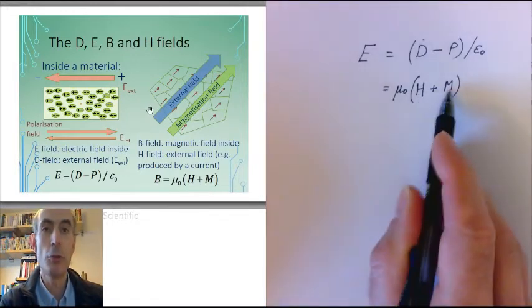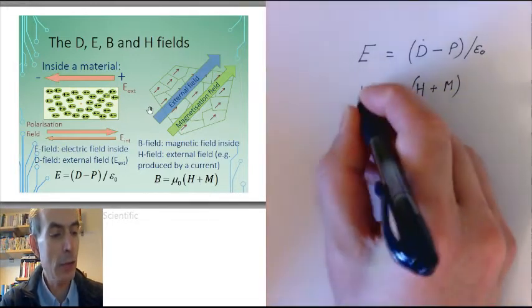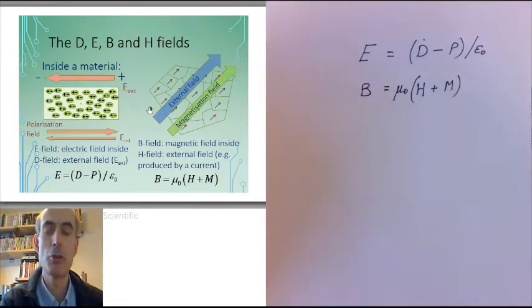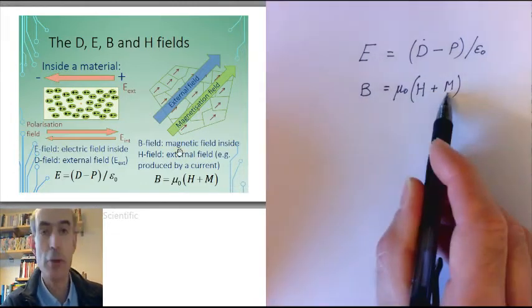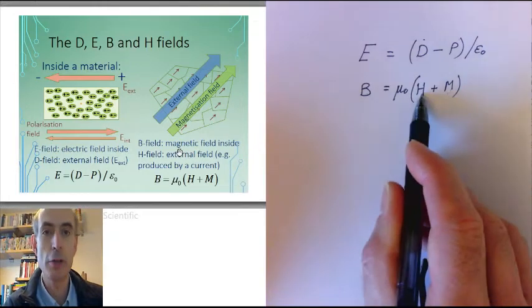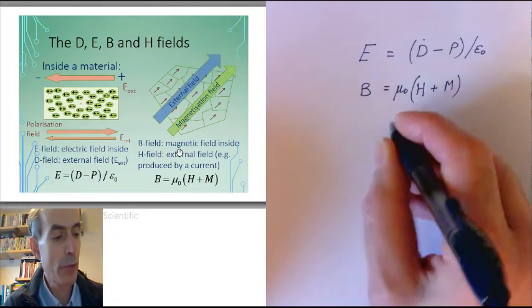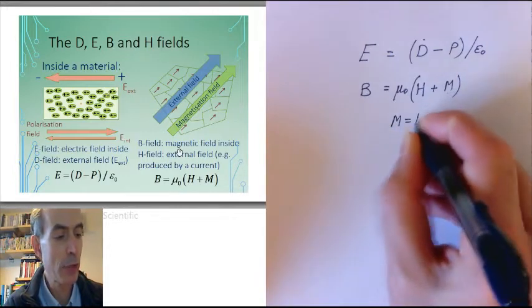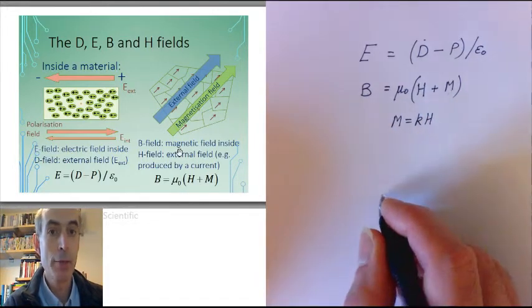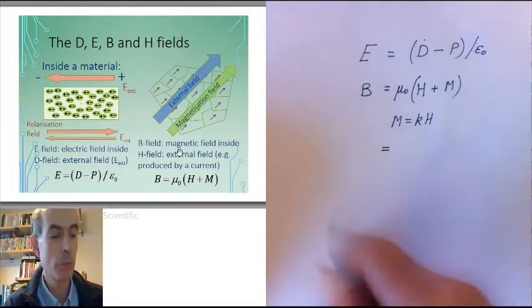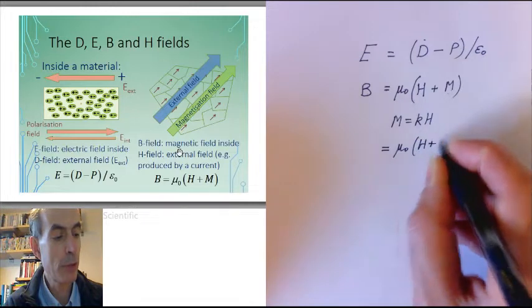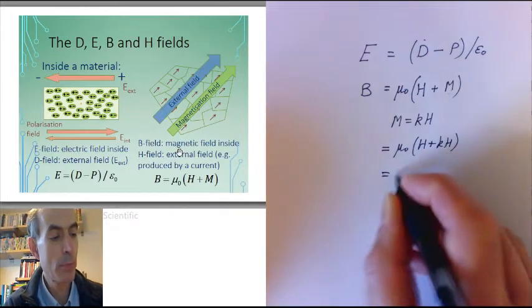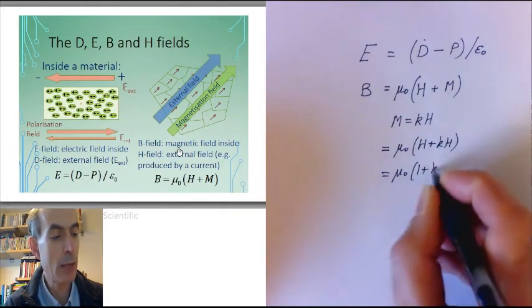And it's the sum of those two fields that generates the actual magnetic field inside the material, known as the B field. Now, in some cases, you can assume that the M field is proportional to the H field. We could write that M is equal to k times H, perhaps. And then we could write the magnetic field inside the material as mu naught times H plus kH, or just mu naught (1 plus k) times H.